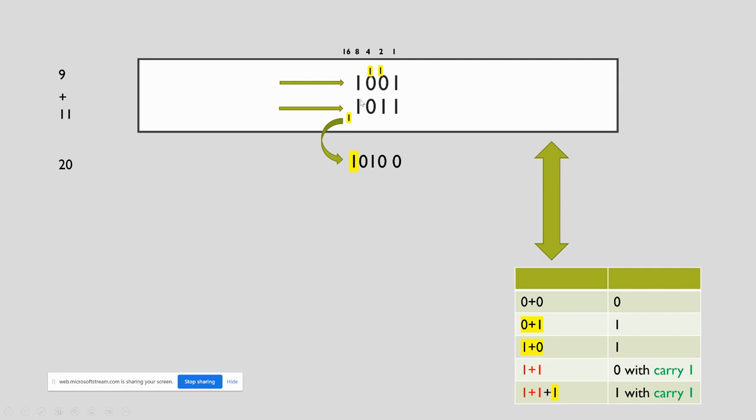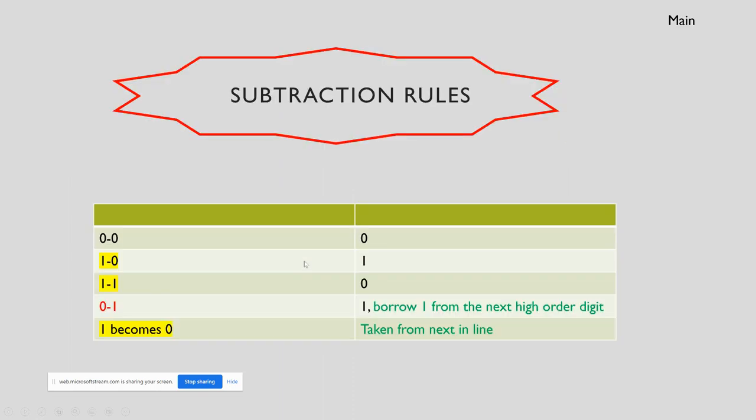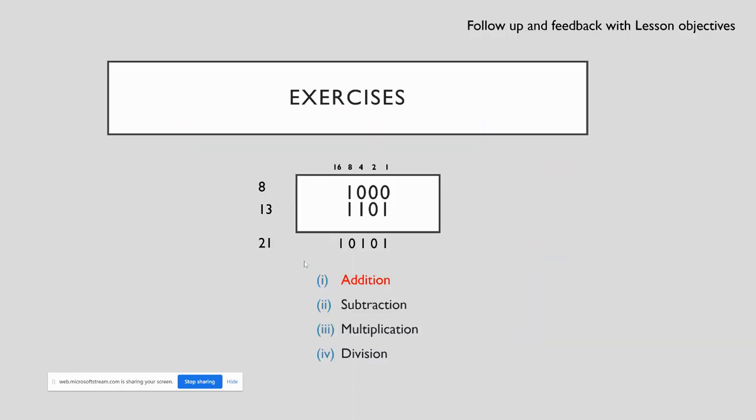Now 1 plus 1, again 0 with carry 1. However, there's nothing left after that, so it just comes down to join the rest of the binary. So we know here we have 1, 0, 1, 0, 0 for 9 plus 11. That's quite simple. In terms of additions, we just follow this table.